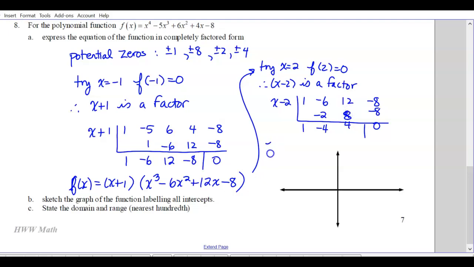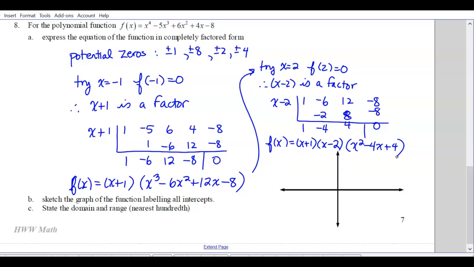Okay, so now f of x, we go back, we need to include the x plus 1, we include the x minus 2, then we include the quotient here, x squared minus 4x plus 4. And that can factor again.